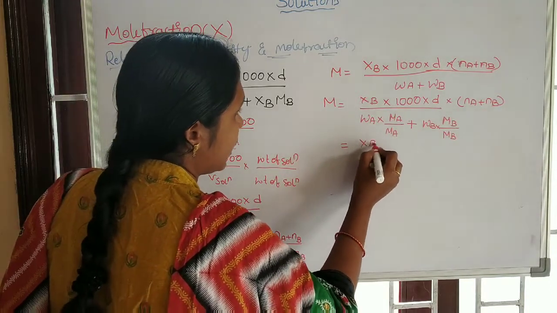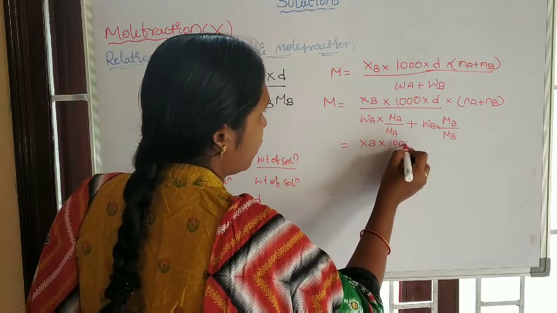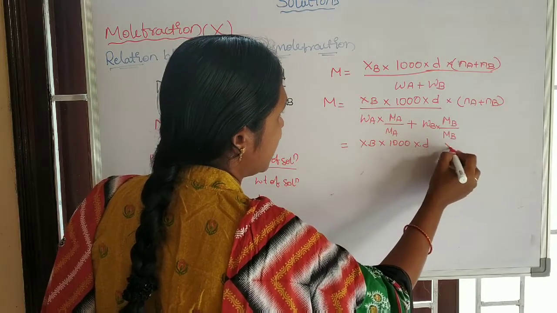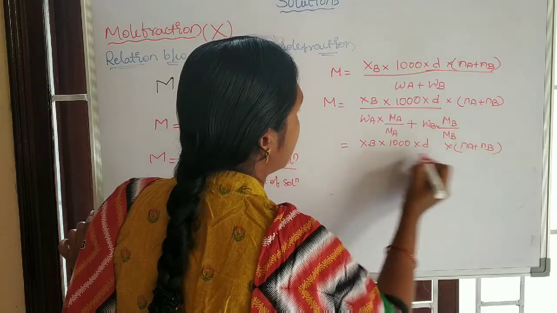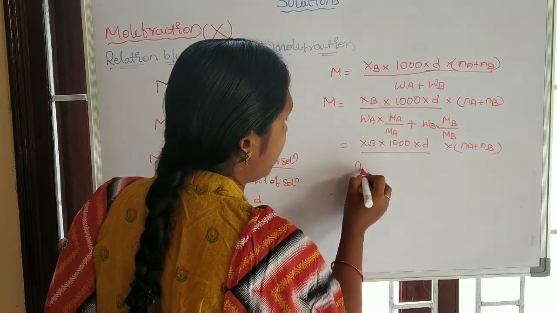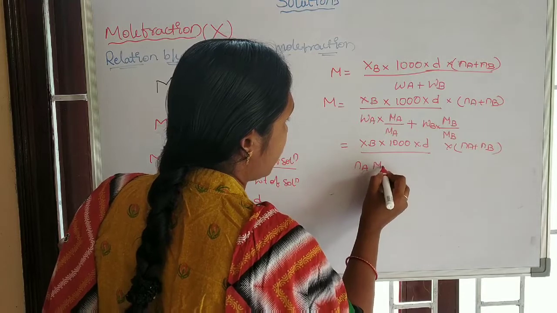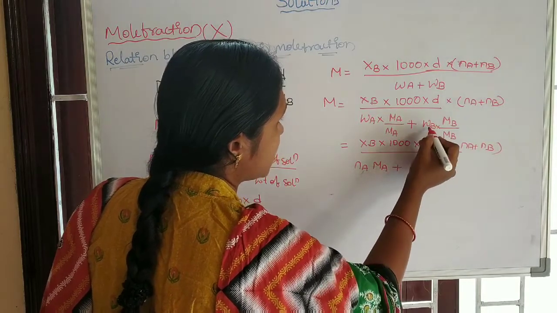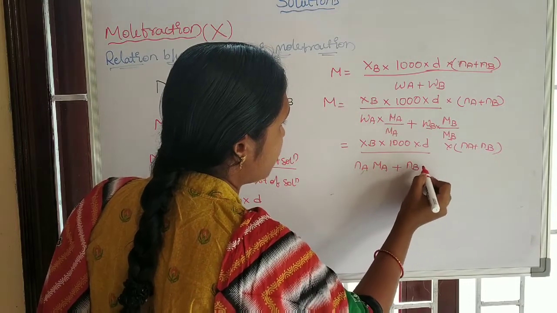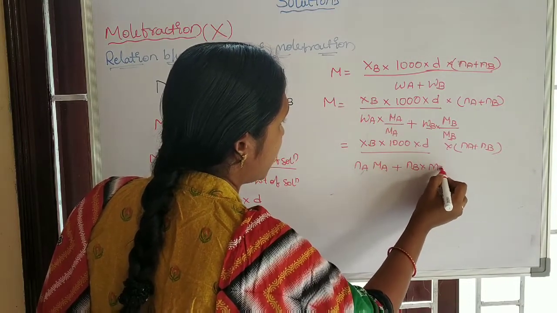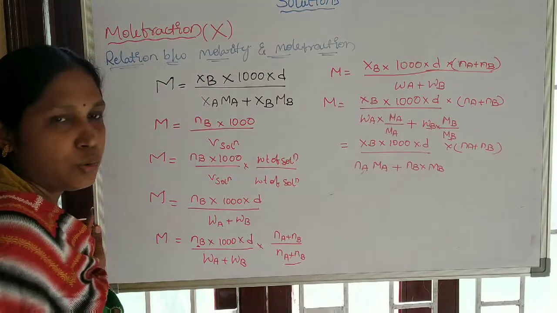So write down XB into 1000 into density into NA plus NB divided by number of moles of solvent into molecular weight of solvent plus weight of solute by molecular weight of solute, which means number of moles of solute into molecular weight of solute.